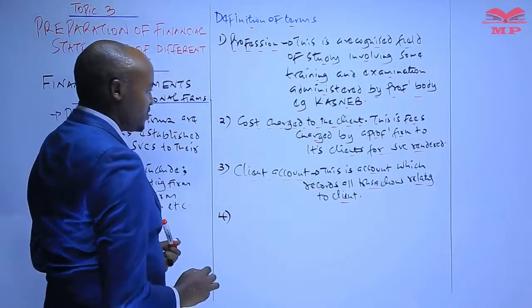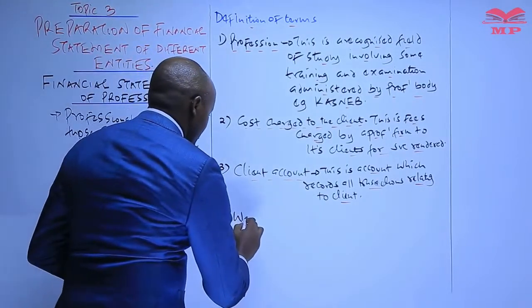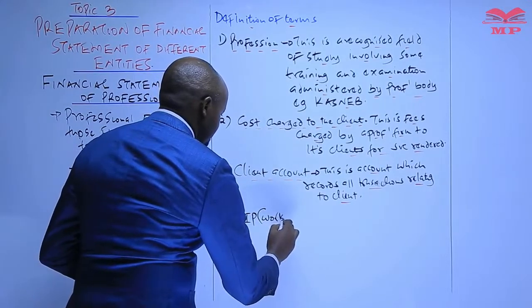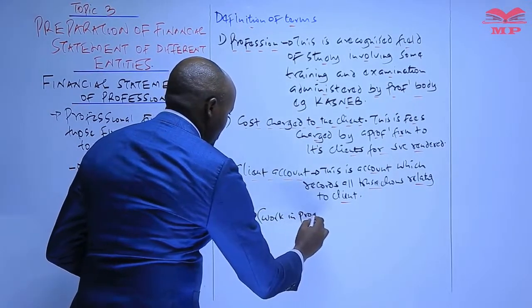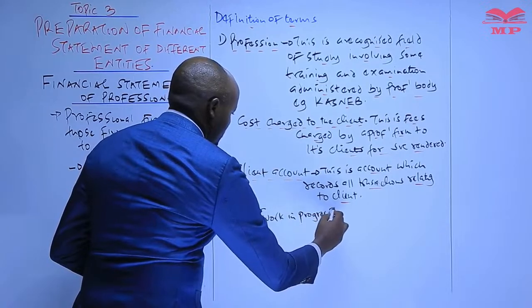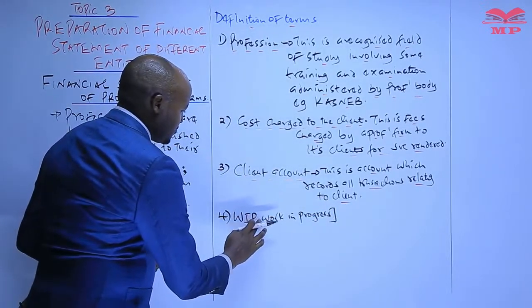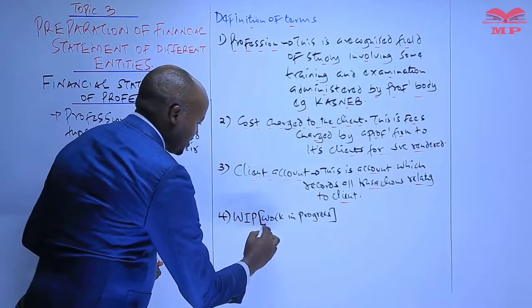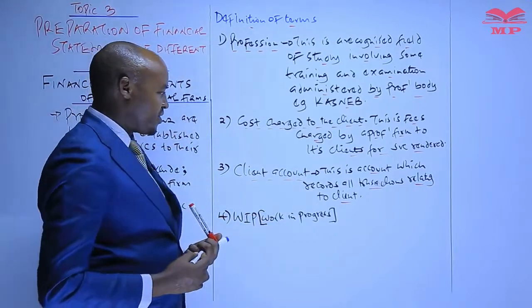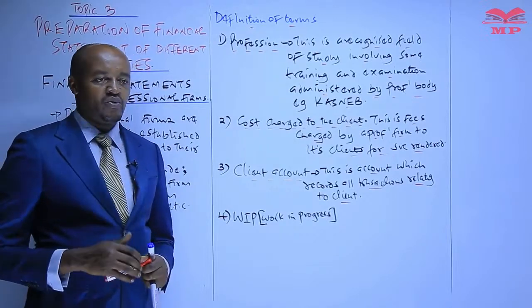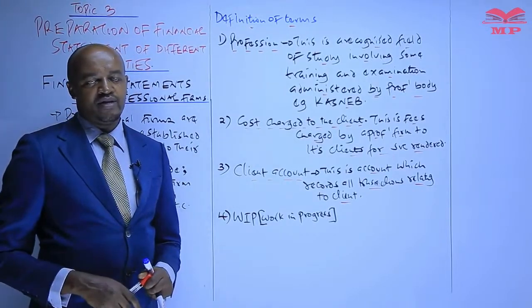The other term we also need to define here is WIP, work in progress. So what is work in progress? Work in progress basically refers to the services which are rendered to the client but, when the year is coming to an end, have not been completed.